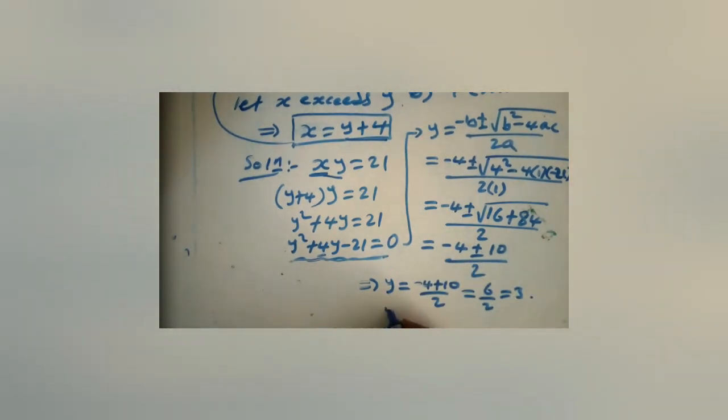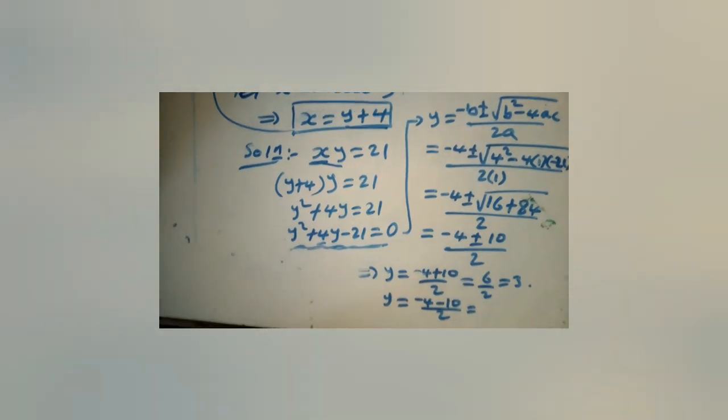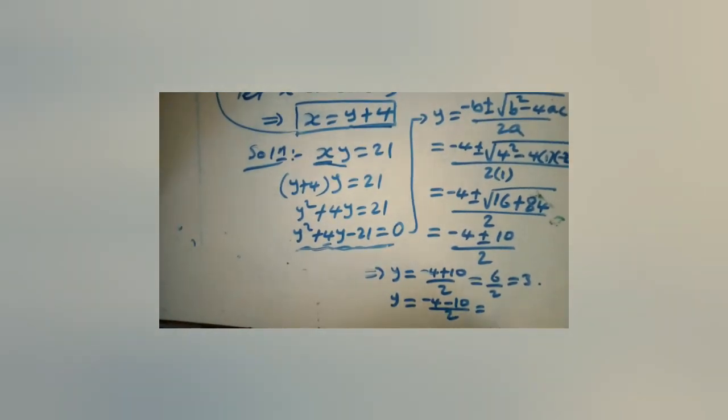In the second case, using the subtraction, y is minus 4 minus 10 over 2, which gives minus 14 over 2, which is minus 7.